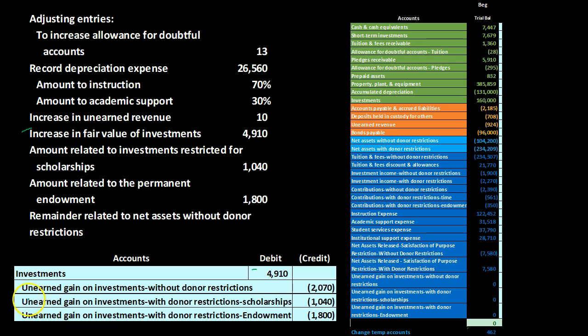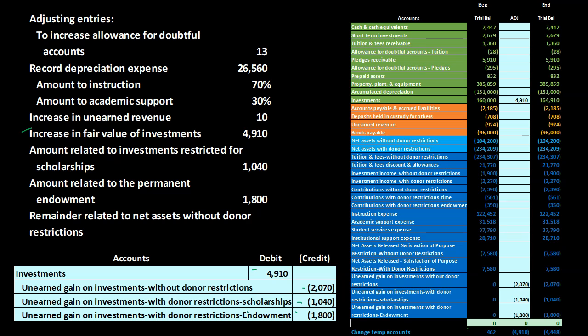Then we're going to be increasing the unearned gain on investment with restrictions for the scholarship of the $1,040, the unearned gain on investment with restrictions for the endowment, the $1,800. The difference between the $4,009, the $1,040, and the $1,800 is the $2,080, the amount of the investment increase that will not have a restriction.